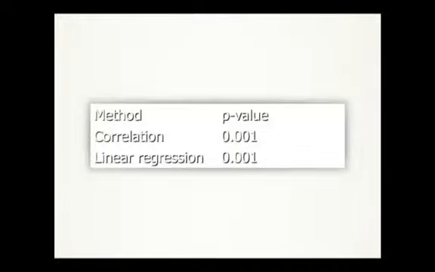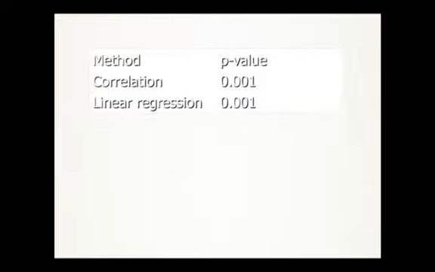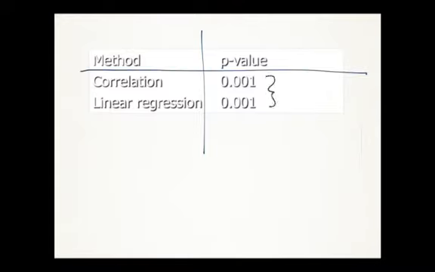So we can compare this to correlation. Remember, we said we can use correlation when we have a continuous outcome and a continuous covariate, which we have here. So we can see how this compares to the relationship we had when we used correlation to look at these examples. Here's the method that we used, and you'll see that the p-values are the same.